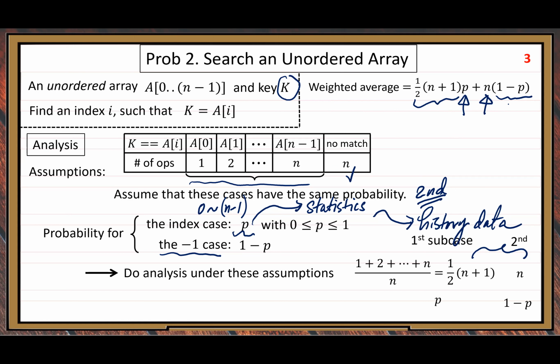Now, to combine these two subcases in a fair way, we multiply their corresponding weights as the coefficients of these two average case numbers. And the result, we treat it as the overall average case efficiency.